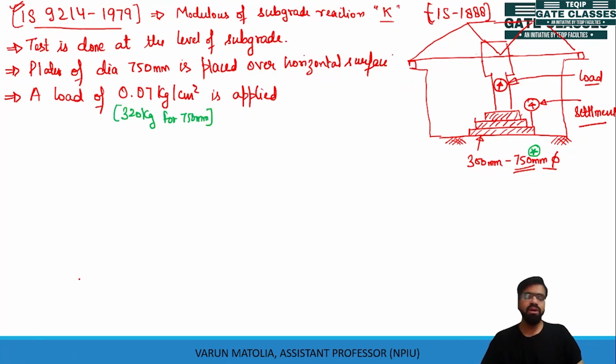This is applied in order to make the surface smooth and horizontal. The initial undulations can be removed and this load can stabilize the soil below. So this is the initial load.